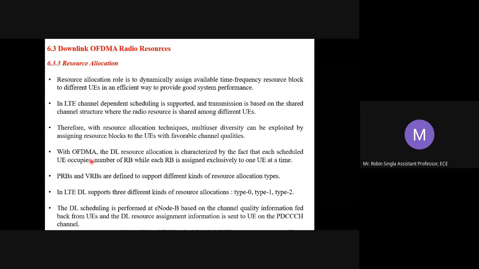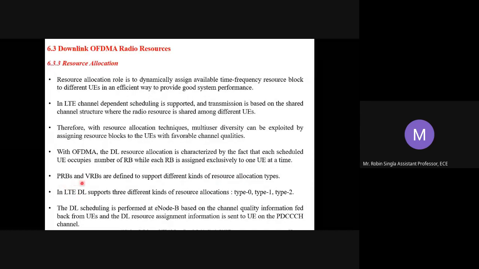With OFDMA, the downlink resource allocation is characterized by the fact that each scheduled UE occupies a number of resource blocks, while each resource block is assigned exclusively to one UE at a time.